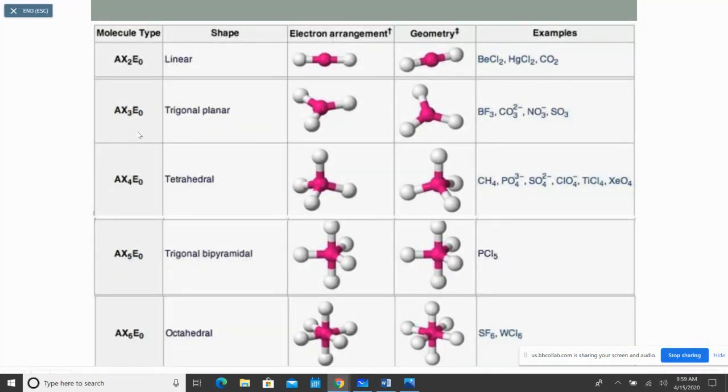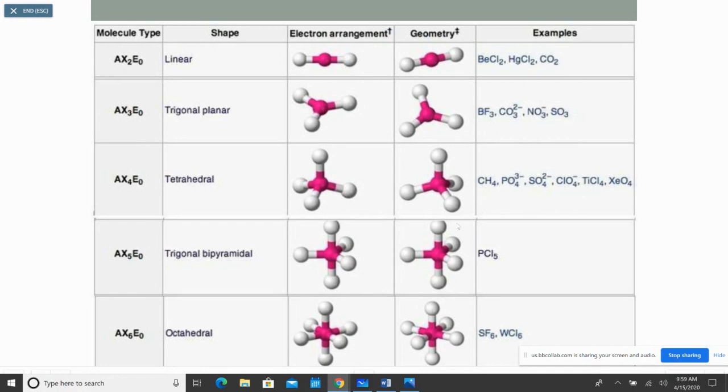AX3E0, we said in our earlier table, is trigonal planar. So these are some examples of molecules that have these molecular shapes. Tetrahedral, these are some of the molecules that have this shape, and so on.